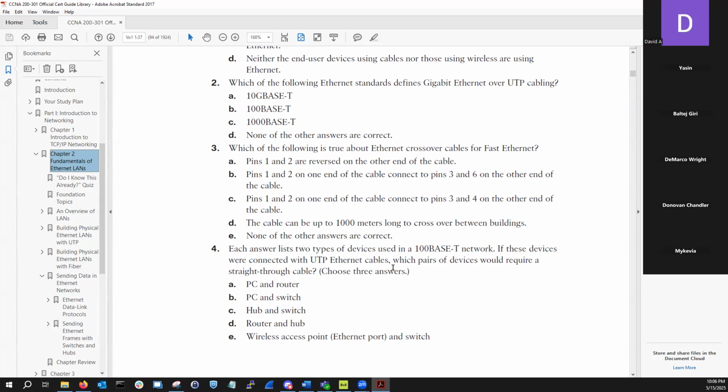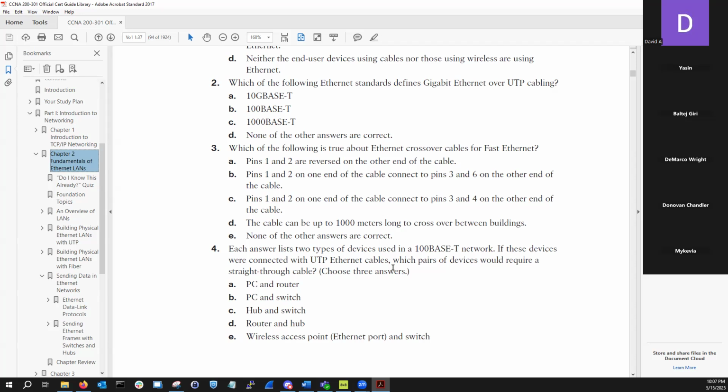Are there three answers in here that transmit data on different pins? Yeah, there are. Okay, so what are they? PC and switch. Okay. Hub and switch, nope, router and hub, nope. Hub and switch do not transmit on different pins. Oh no, they transmit on the same.